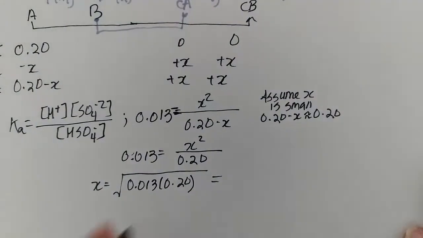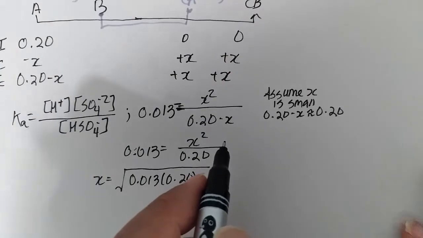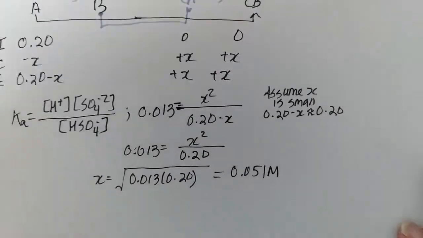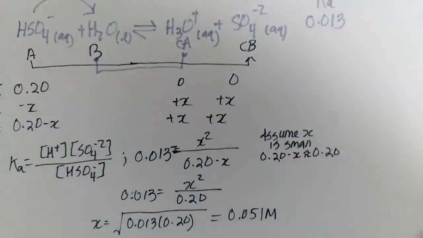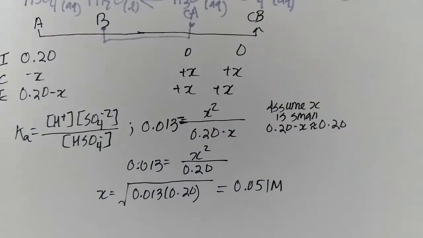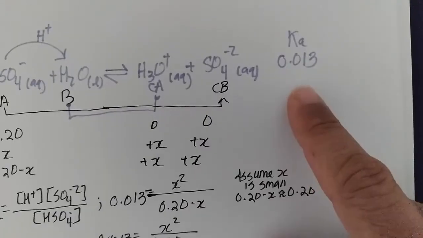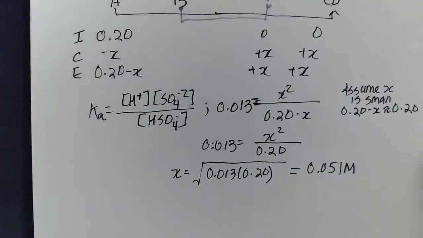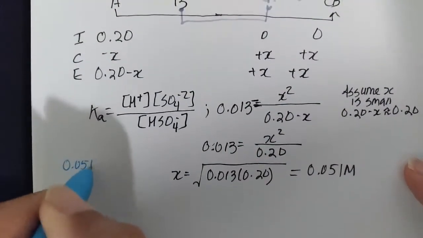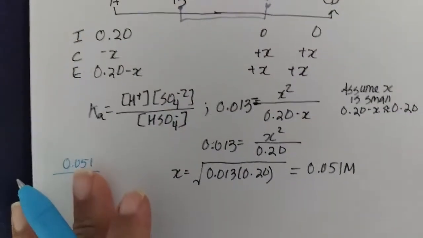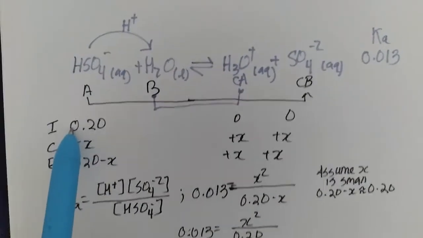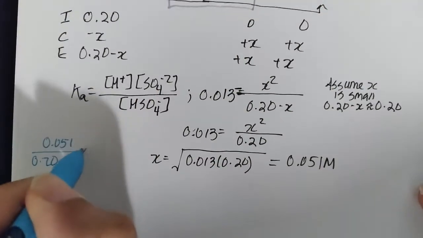On my calculator, I'm getting a value of 0.051 big M. Here you want to put the units, which is our concentration of this and this. Let's check our assumption because again, that's a pretty high value. We take our x value, 0.051, divide it by the concentration in the bottle, 0.2, and multiply by 100.